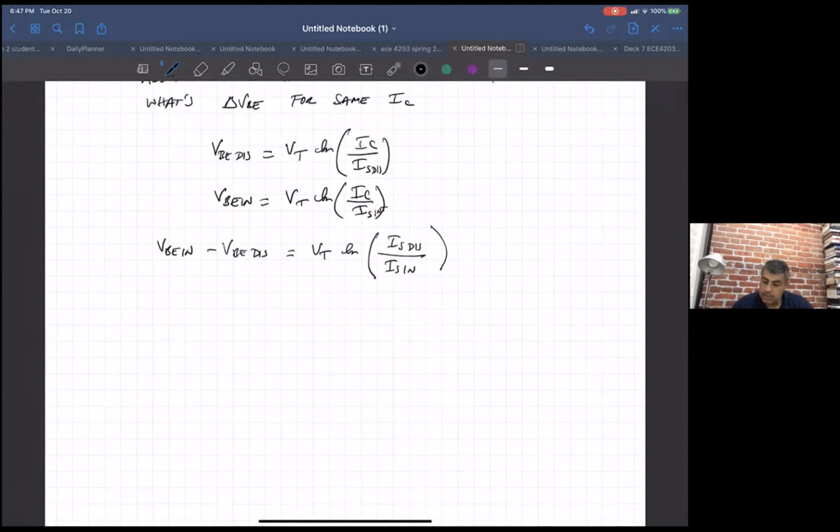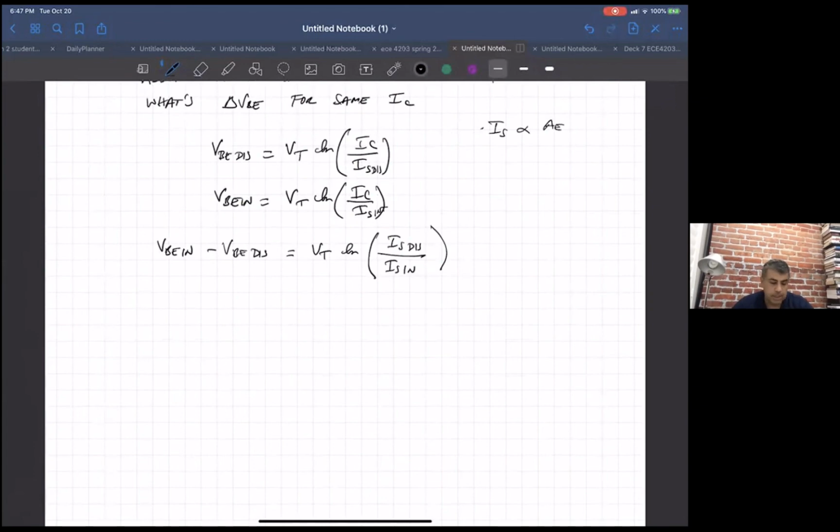Now, we said I sub s is proportional to the area of the emitter.